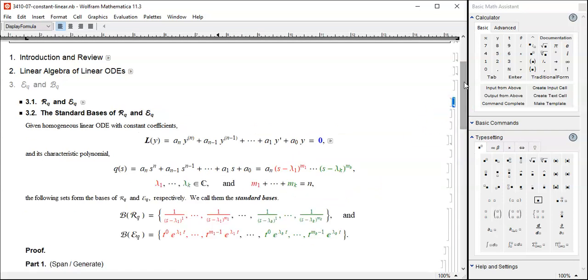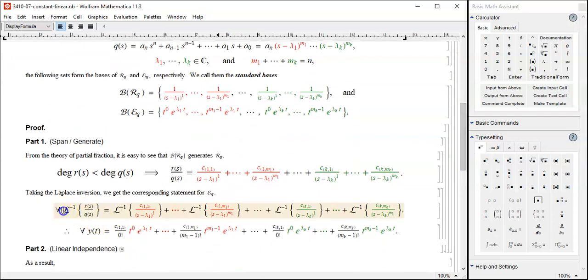So the arbitrary element is of this form, Laplace inversion of R of S over Q of S. And we know about R of S over Q of S from this decomposition by partial fractions. So let's take the Laplace inversions. And then what do we get? We get these.